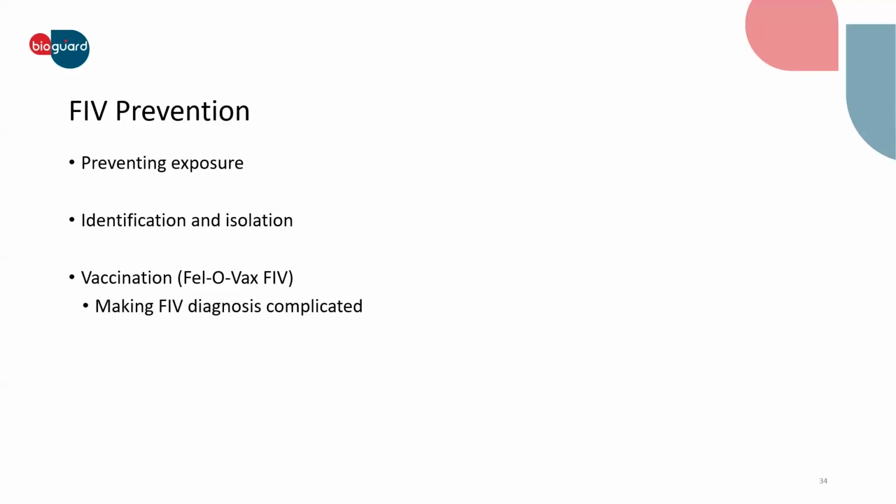And although there's a vaccine available, the vaccination may make the FIV diagnosis more complicated, and the protection efficiency is sometimes doubtful. So in most countries there's no FIV vaccine on the market.